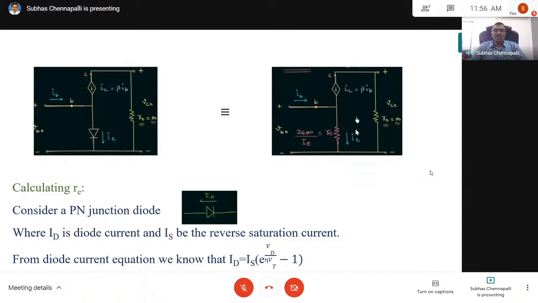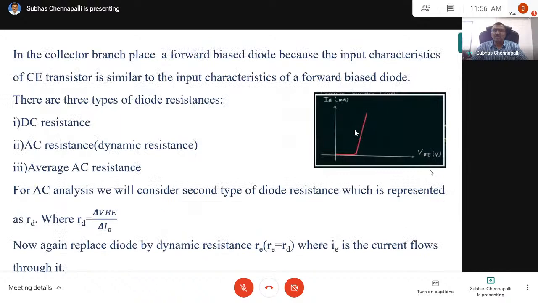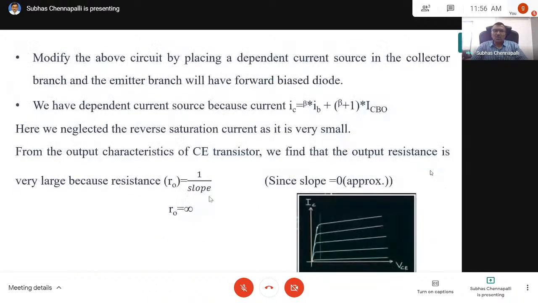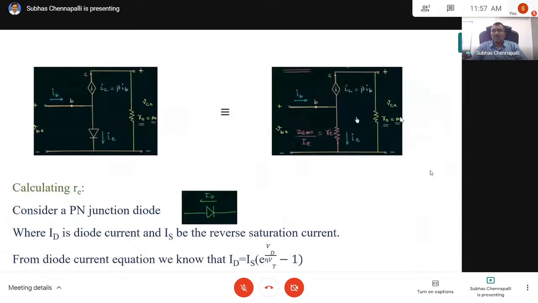Here we are showing 1 by slope is infinity, since the slope is 0, so 1 by 0 becomes infinity, so you can open this one. How we arrive at this for the input, we are going to explain. Remember this, that is good enough for your GATE exam.